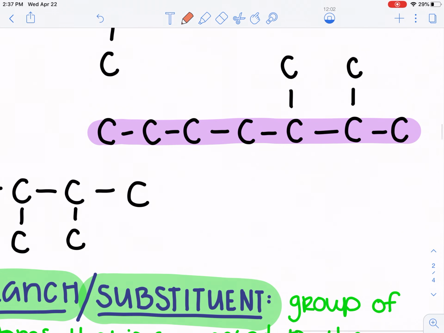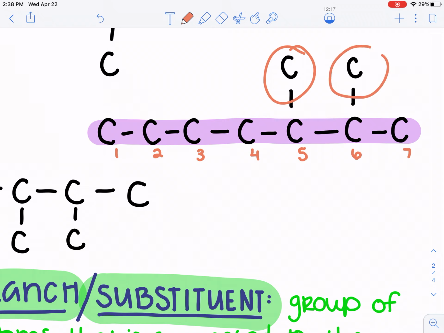So we could number it from left to right, and we would get a branch on carbon 5, and this is what we're talking about. This is a branch, and this is a branch now because it's not part of the main chain. So it occurs on carbon 5 and carbon 6.